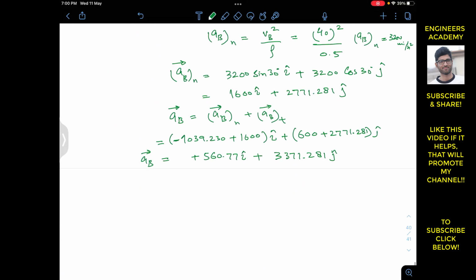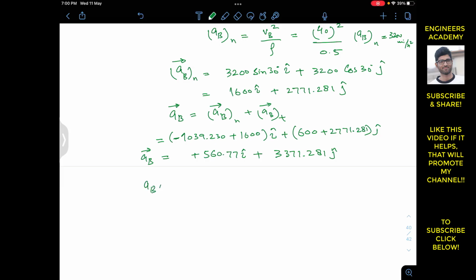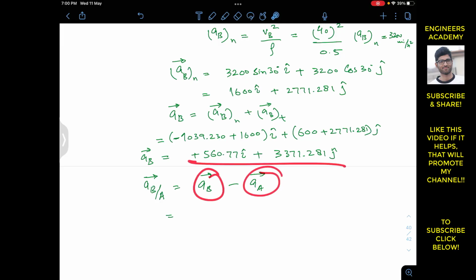So now we can write that the acceleration of car B relative to car A is equal to the acceleration of B vector minus the acceleration of A. So that will be equal to this vector minus 0.